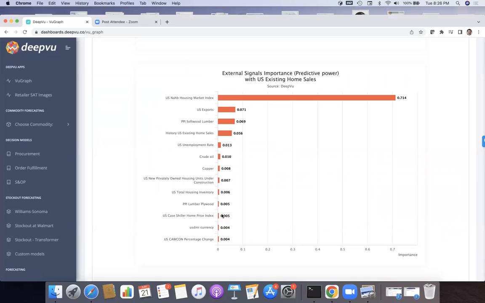Copper is in there as well. Plywood is there. So why is USD versus the Indian rupee in there? Because India is actually the number 2 in the steel industry behind China, right? So that makes sense. The construction workers' wages is also in there as well.